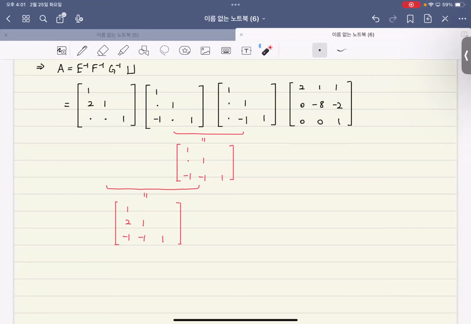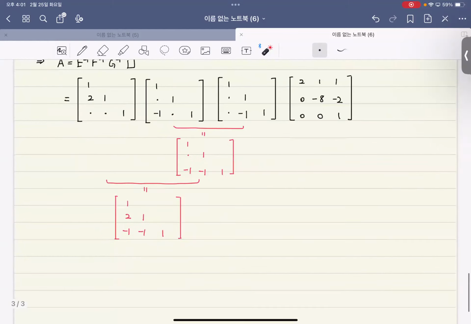Because the entries I get here, 2, -1, -1, are precisely the same as these entries, right? Which was not true in the previous example.